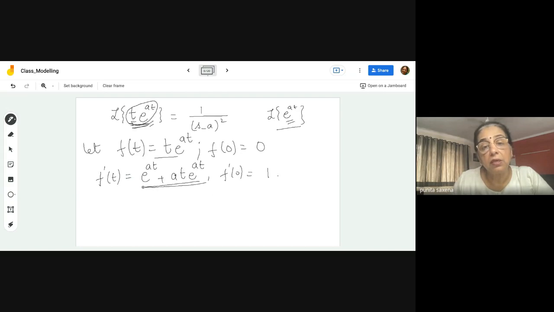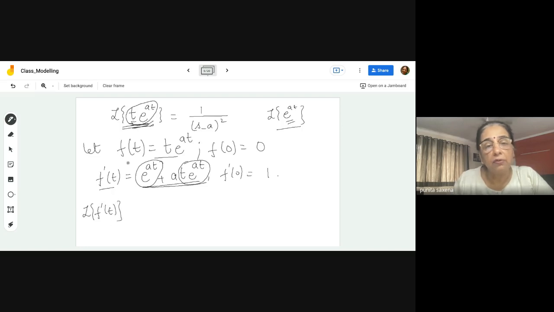Now, see why I'm looking at the Laplace of this, because this term involves both my standard function as well as the function that I need. So instead of directly evaluating the Laplace of this term, I'll compute the Laplace transform of f dash t.